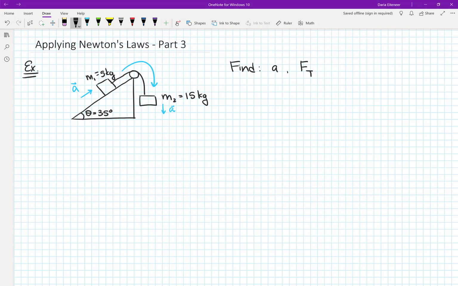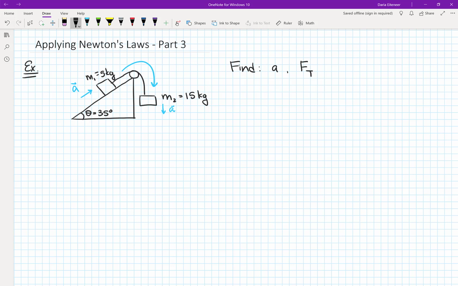So if we set up this problem as is and make those calculations based on our assumption of direction of acceleration, and at the end we end up with a minus sign for acceleration or a negative value, then we'll know that we made an incorrect assumption for the direction. Although it's probably going to be fine in this case, because look at how different the masses are, right? That's quite a bit of a difference there.